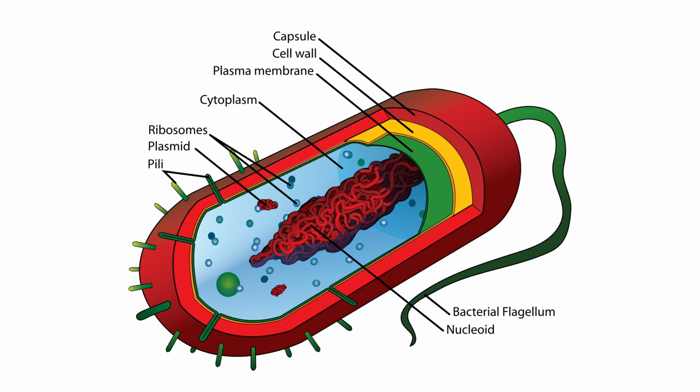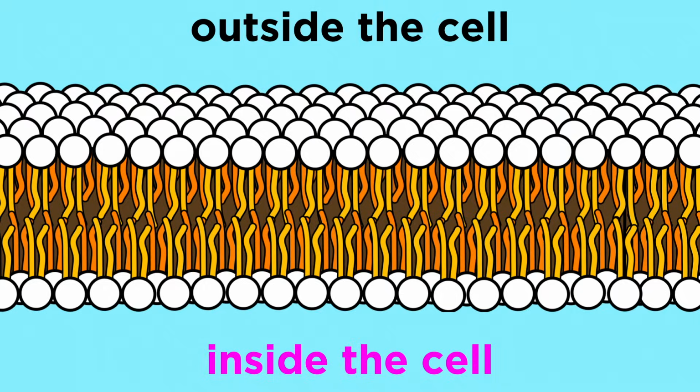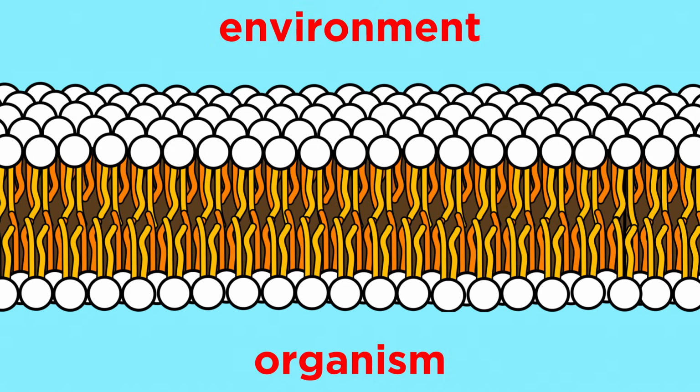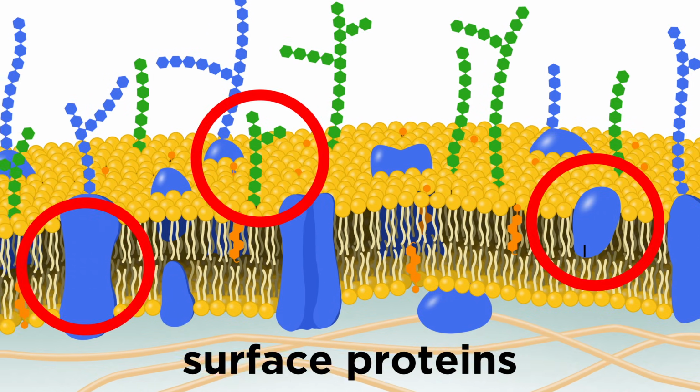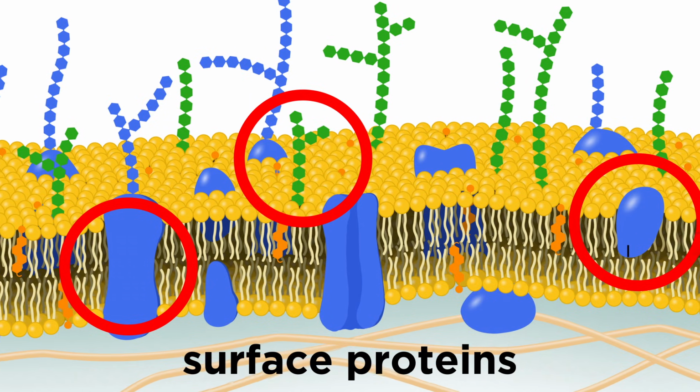First, any cell must have some kind of plasma membrane that separates what's inside the cell from what's outside of the cell. This is the barrier between the organism and its environment, made of a phospholipid bilayer and the many different proteins floating around within it.